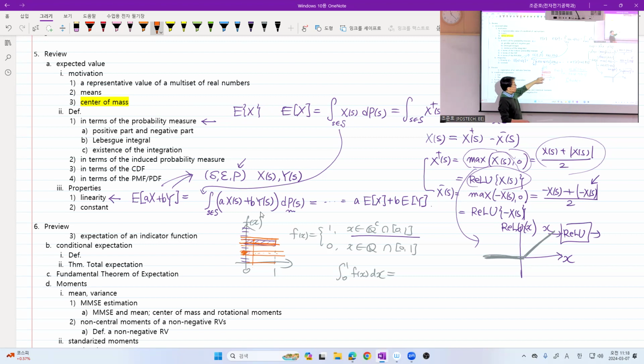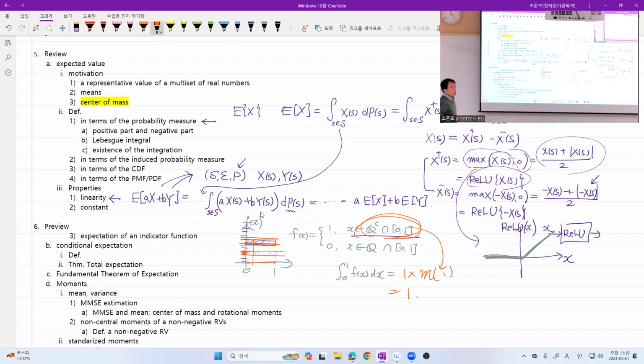And then what you do is that you define this integral, in this case, as 1 times the measure of this one. And what is the length or measure of this one? That's 1. So your Lebesgue integral of this function on the interval 0, 1 is 1.